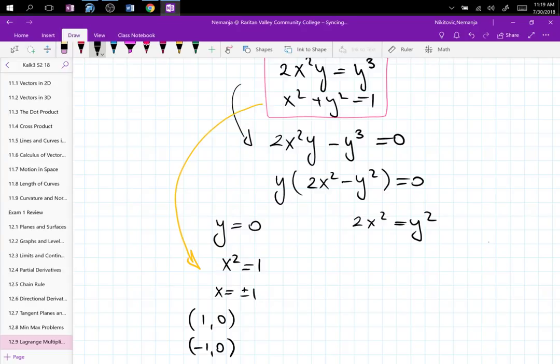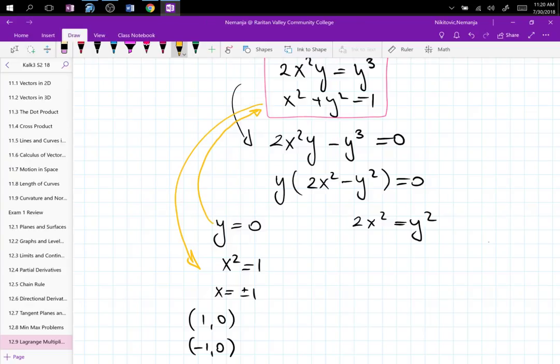Yes? Wait, how did we just get that, like that last step? From this equation, if y is equal to 0, then all I have is that x squared is equal to 1. That's why I drew the yellow line there, pointing that maybe I should also draw another yellow line of me feeding y equals 0 there.